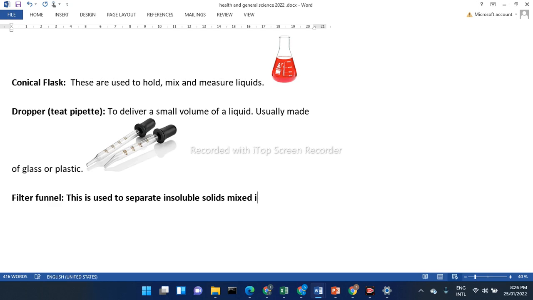I should say instead of mixed, we could say suspended. So there are certain words here. When we say insoluble, we mean that it does not dissolve. And when we say suspended, it's floating around.